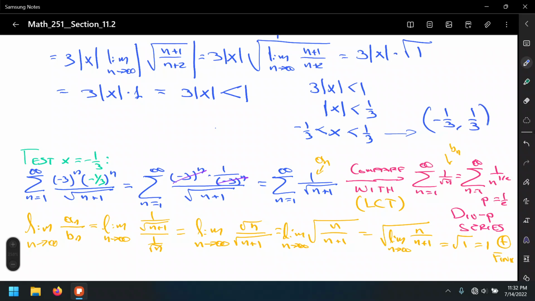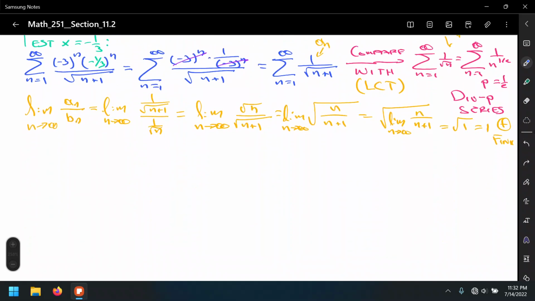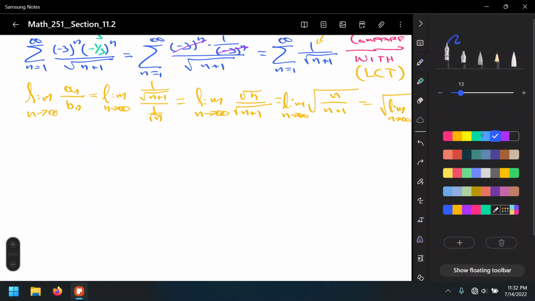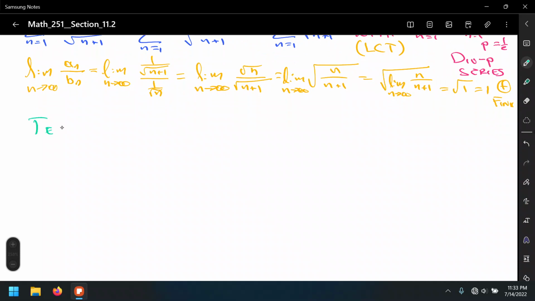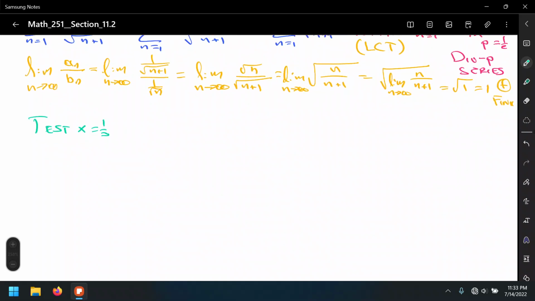Now the question is, will the other one also be a parenthesis, or will it be a bracket? Well, we'll figure it out after we test the upper endpoint, which in this case is positive 1/3. So test x equals 1/3.